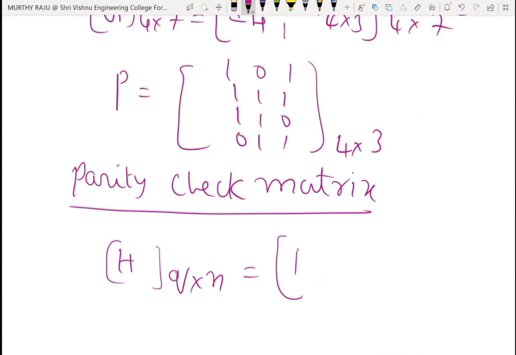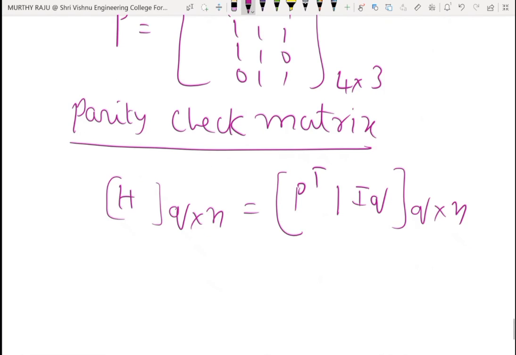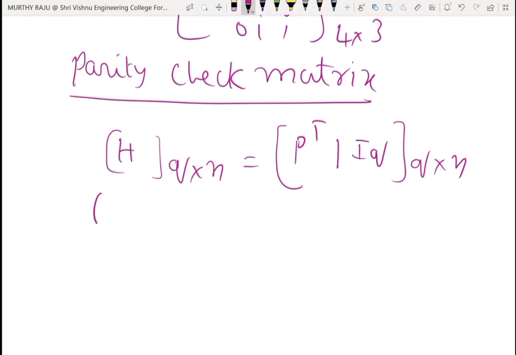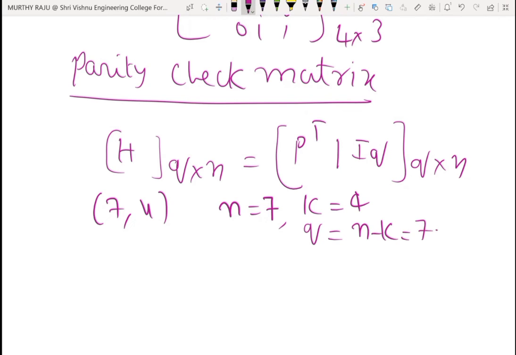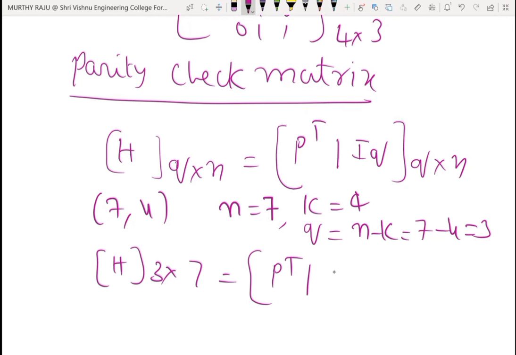In our example, the (7,4) cyclic code, N is equal to 7, K is equal to 4, and Q is equal to N minus K, 7 minus 4, that is equal to 3. Therefore, the H matrix is Q is 3, N is 7: P transpose, I3, 3 cross 7.